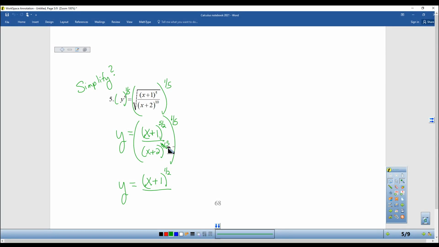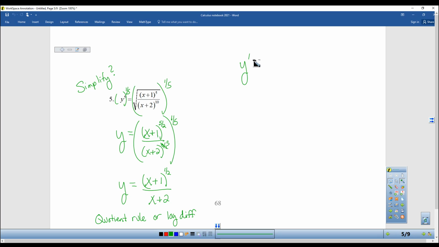So x plus 2 to the 5th to the 1/5 is actually just x plus 2. So now you're really going to have to decide whether or not you think quotient rule, which is not that bad at this point, or logarithmic differentiation. Obviously, I'm going to do it by logarithmic differentiation because that's what I'm doing today. But you could do it by quotient rule.